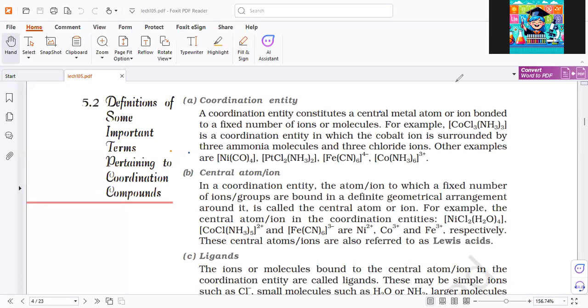Greetings all. Today we are going to learn about some important terms that are used in coordination compounds. So we are studying coordination compounds. For example, consider this coordination complex, cobalt hexamine.